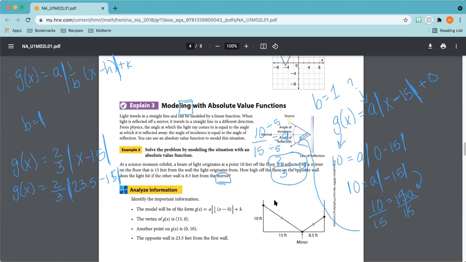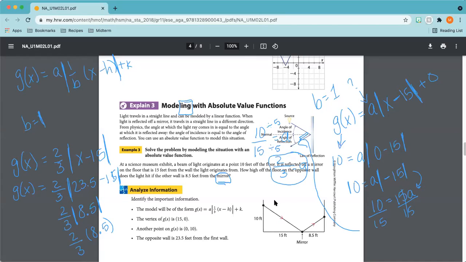Okay, 23.5 minus 15 gives me 8.5. The absolute value of 8.5 is just 8.5. So I'm left with 2/3 times 8.5. It's going to be horrible, so I'm just going to use the calculator.